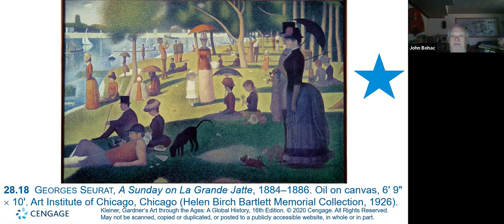We didn't have that. And so these guys see in this Helen Birch Bartlett Memorial Collection, 1926. So as these wealthy Americans were dying off, they donated their paintings to places like the Art Institute of Chicago. And so anyway, that's why we have all of this stuff.